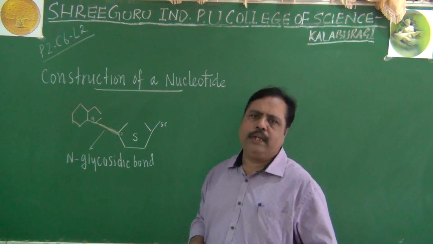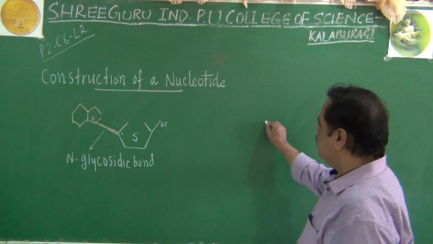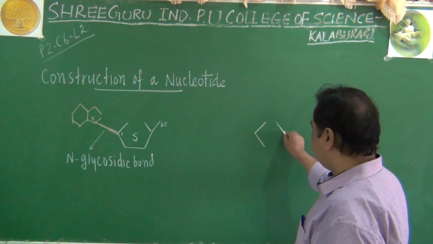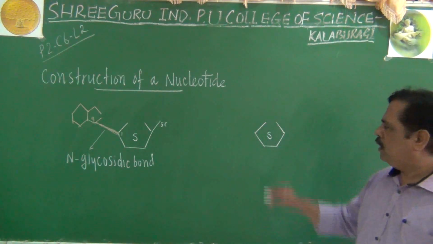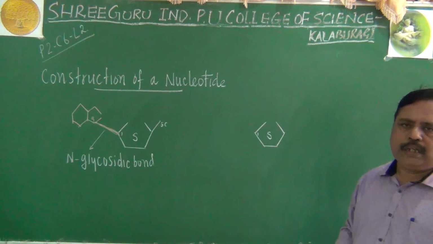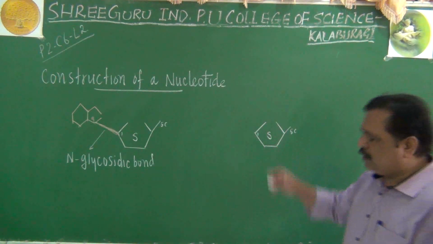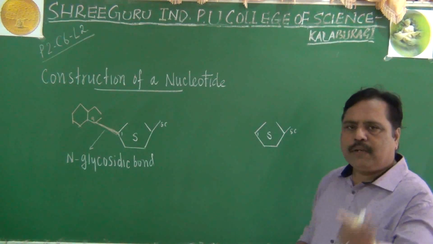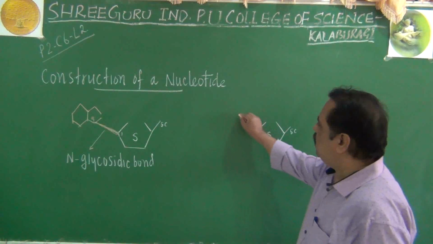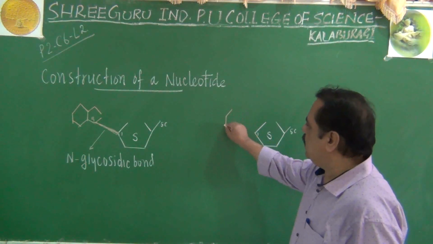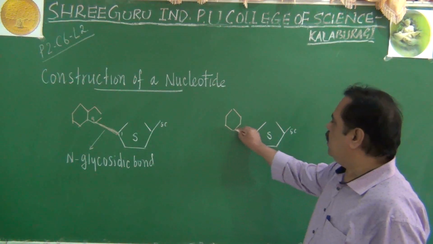What about a pyrimidine? In pyrimidine also, suppose imagine this is another nucleotide I am drawing here. This is also a sugar molecule. Here also we have the first carbon atom. Here we have the fifth carbon atom, imagine. With this first carbon atom, if a pyrimidine has to be attached, that pyrimidine will be attached with its third carbon atom here.